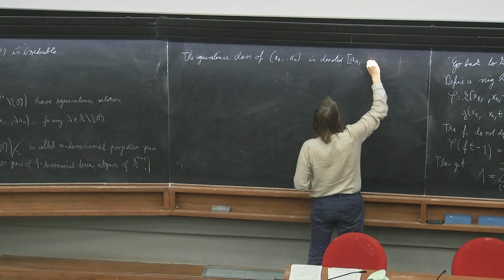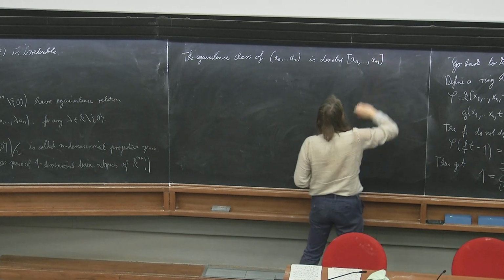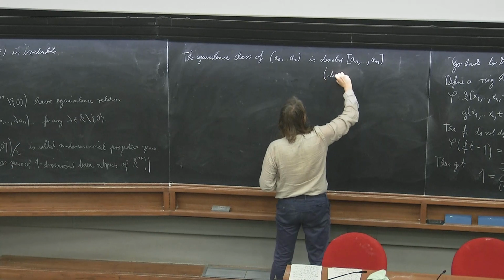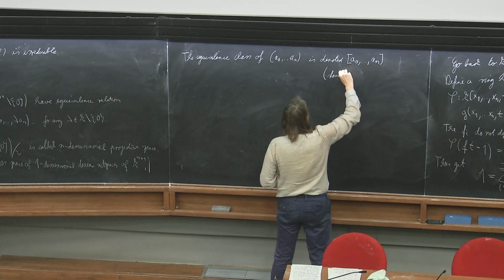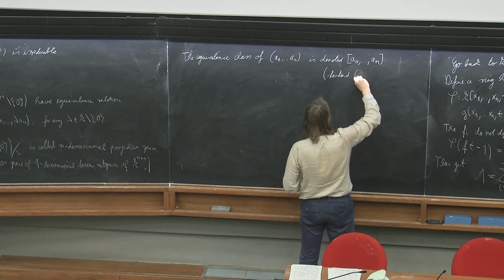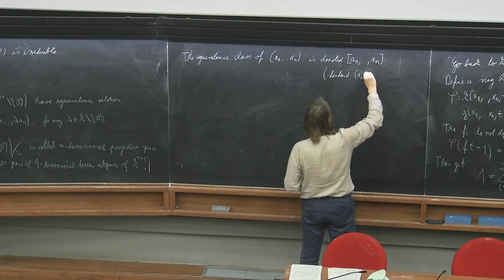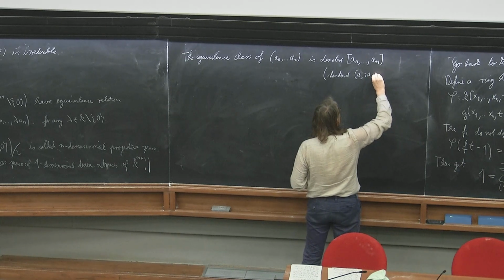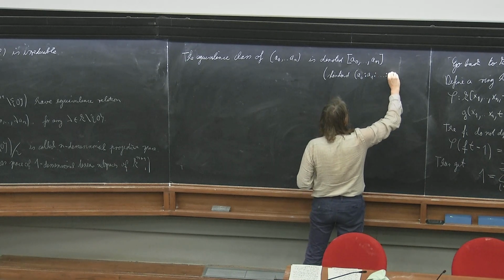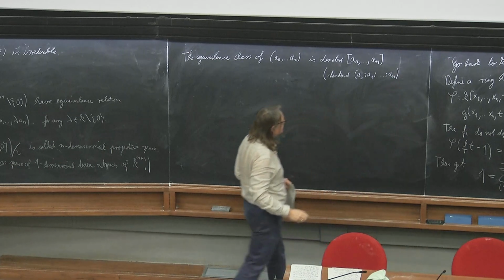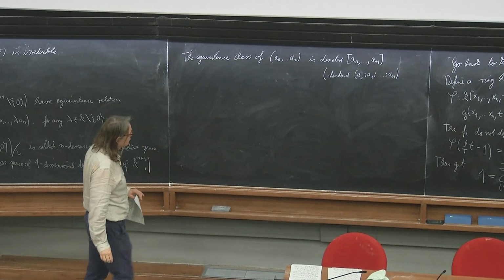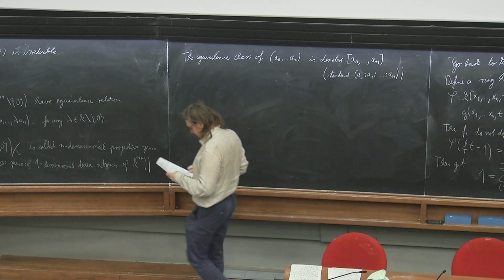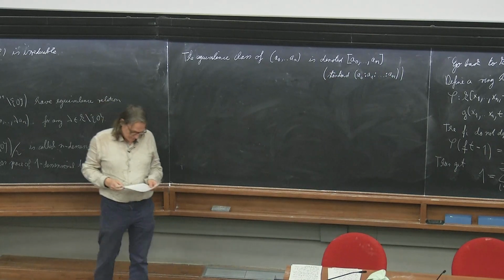I use square brackets. The standard notation is that you use round brackets and put colons between them. Somehow, I don't find that very convenient on the blackboard, so I write it like that.